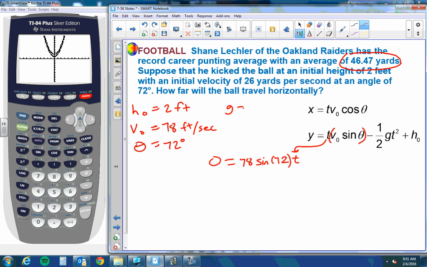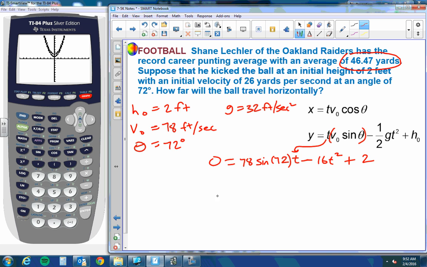Now, the acceleration due to gravity, if metric, would be 9.8 meters per second squared, but we're not in metric, so it's 32 feet per second squared. In these problems, you always use 32 feet per second squared. Half of that is 16, so I'm just going to put minus 16 t squared plus 2.